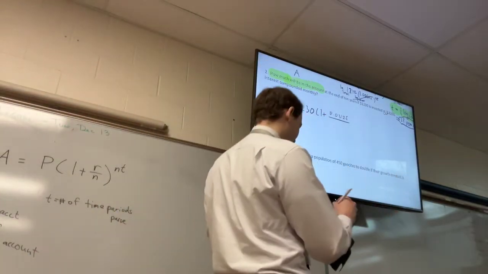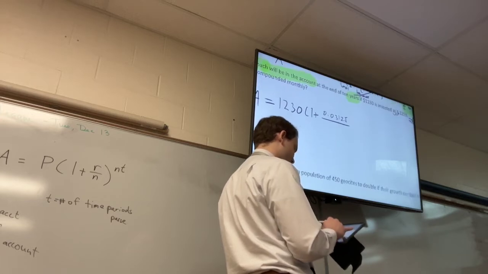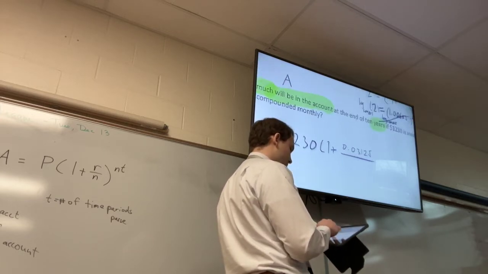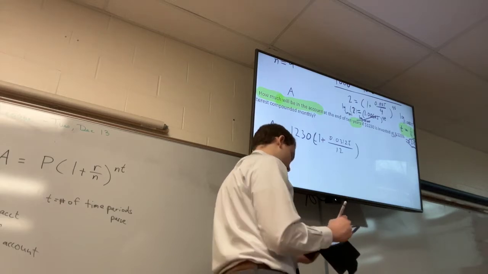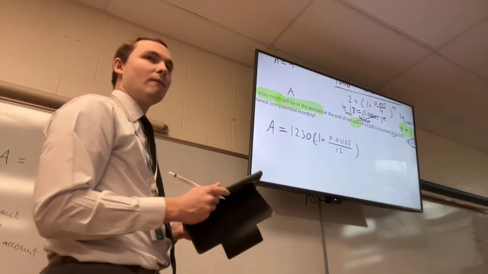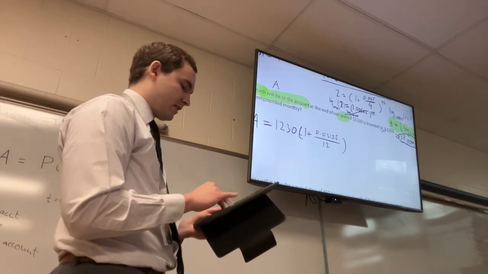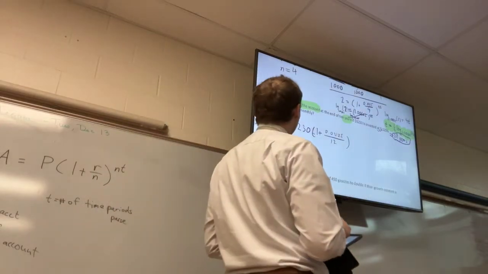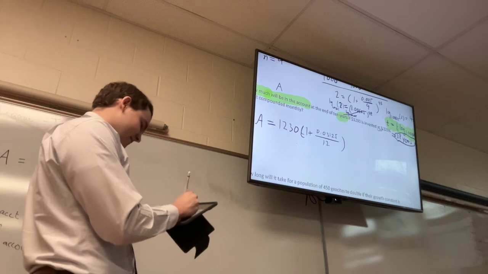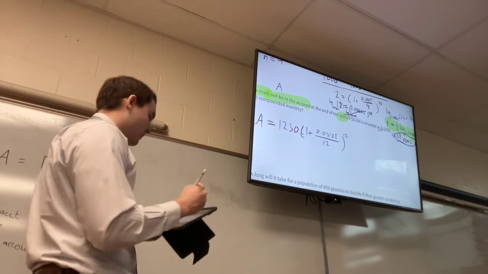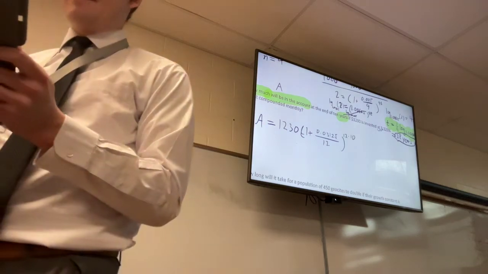They gave us the time in years, so how many times a year am I getting compounded if it's compounded monthly? 12. All right. And then I got to put an N up there. What's my T? 10, yeah.